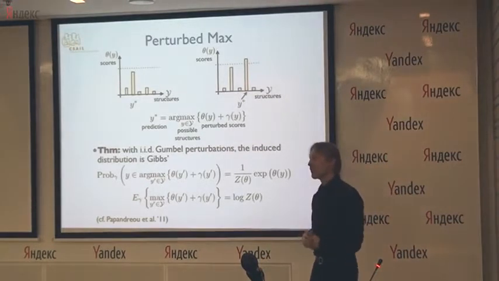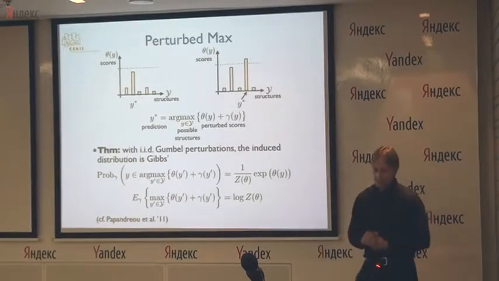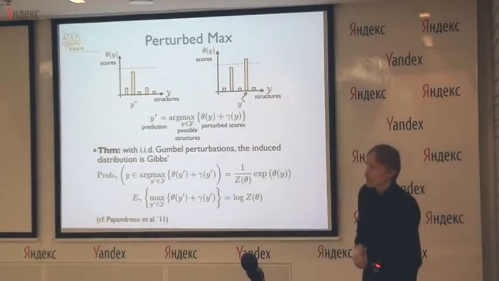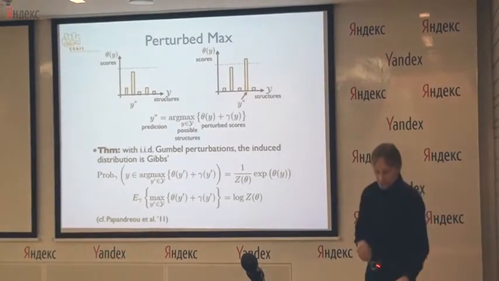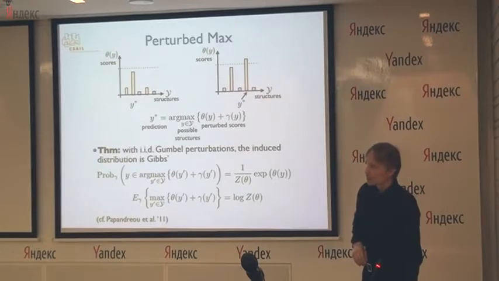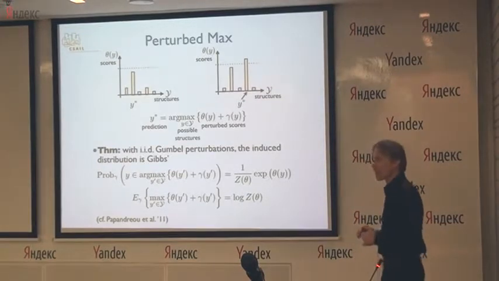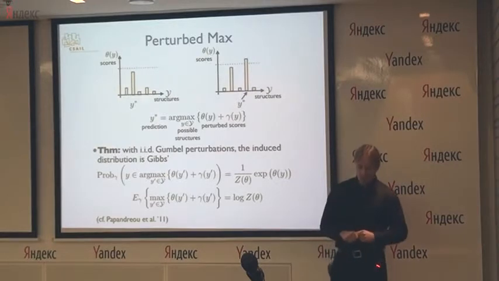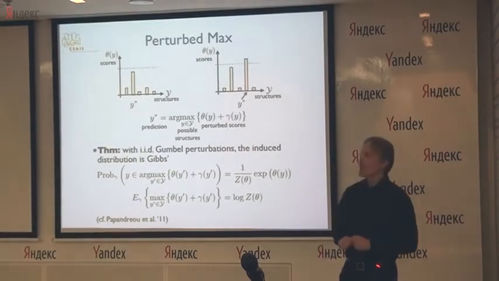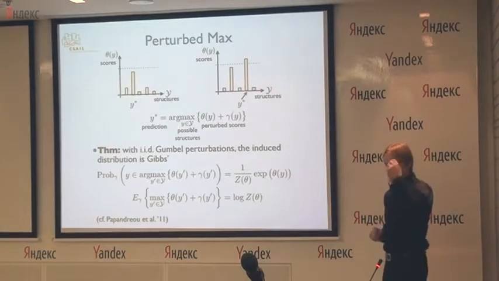And the second question: if we use pseudo-likelihood optimization during structured learning, then maybe it is reasonable to use pseudo-likelihood maximization during the inference. Because we use it during learning, shouldn't we use it during inference?